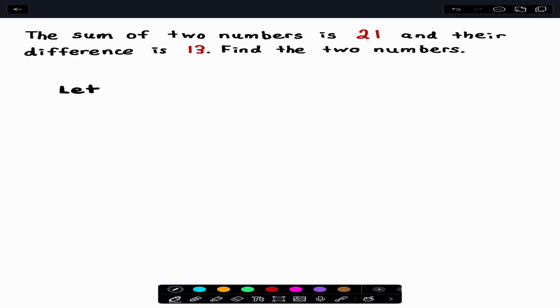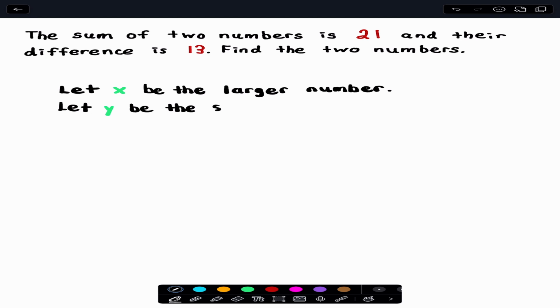So we're going to write let, and let's give it a different color, because why not? Let x be the larger number. And since we have two numbers, let's let y, I'm going to change colors again, be the smaller number.